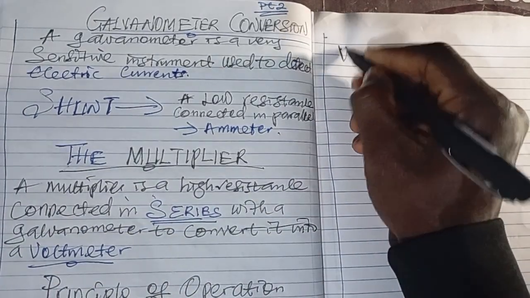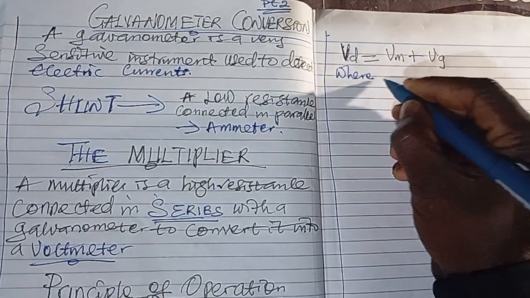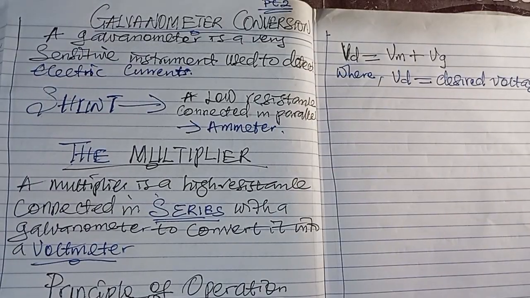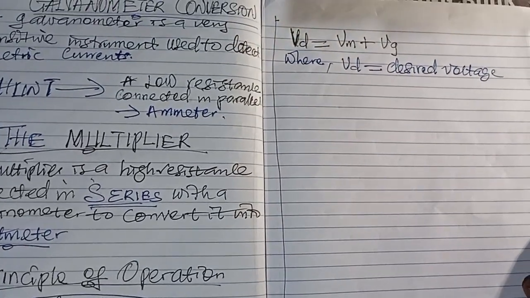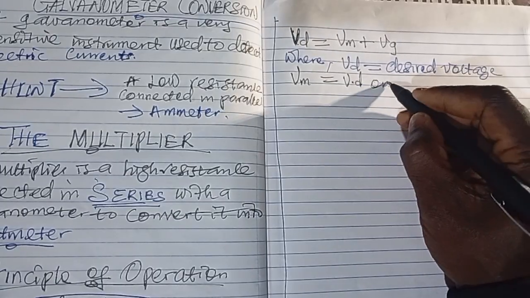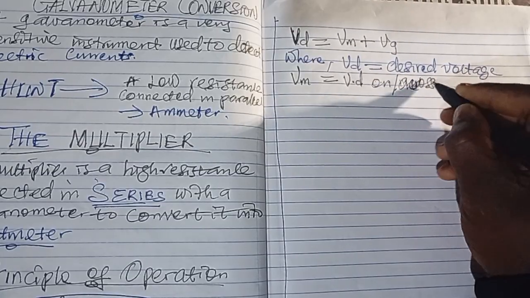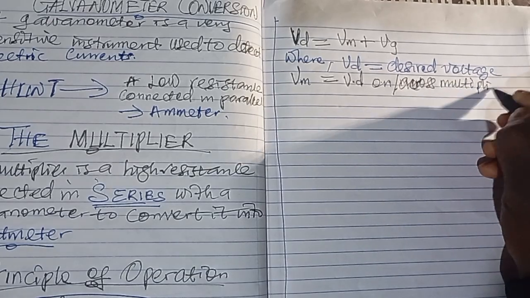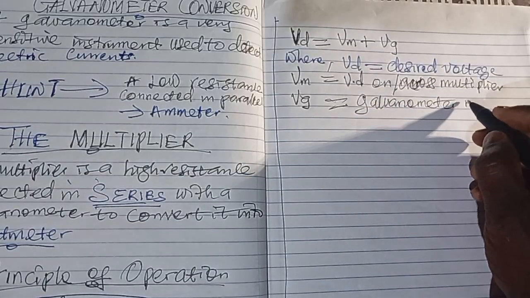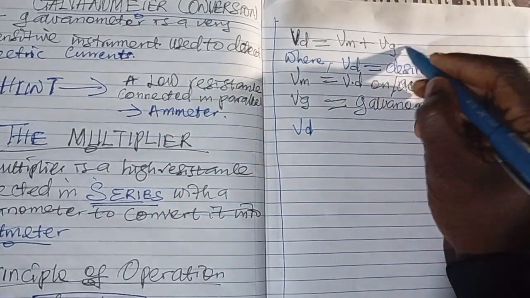So we have Vd is equal to Vm plus Vg, where Vd is our desired voltage, Vm is the voltage drop across the multiplier, then Vg is the galvanometer voltage drop.